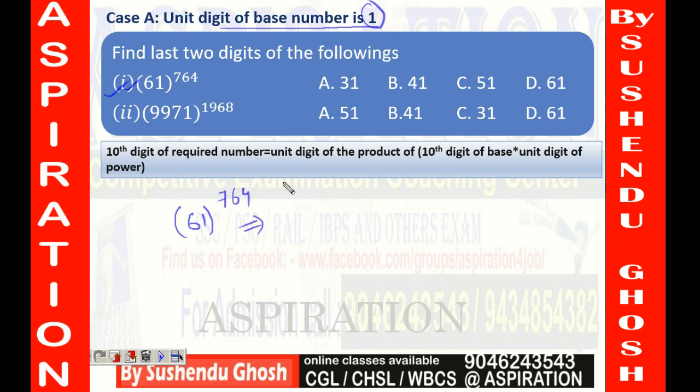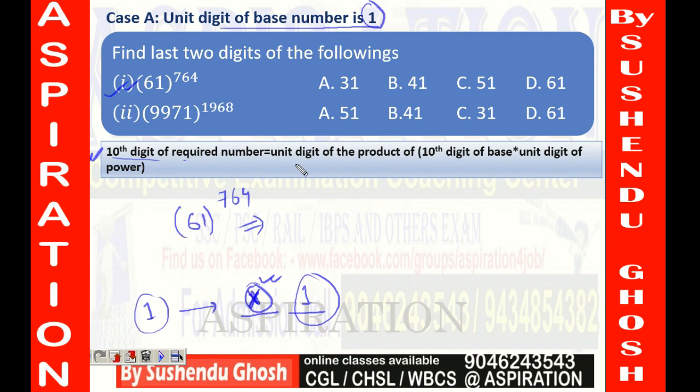What I told you sometime back is that whenever you have 1 in the unit place of any number, it will always give you 1 in the unit place, but you don't know what will be present in the tenth place. So the formula for determining the tenth place is this one.